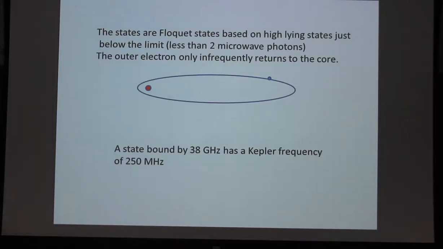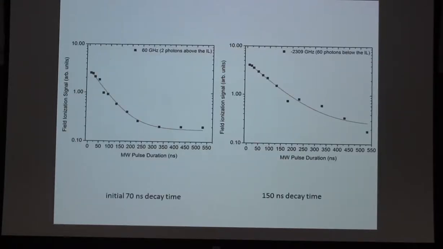So in these states, the outer electron only comes back to the core rather infrequently. But just to put this in perspective, if you are in fact bound by 38 gigahertz, the Kepler frequency is 250 megahertz, or it comes back to the core every 4 nanoseconds. But if you actually measure the lifetime of those states, so if you tune the laser 2 microwave photons over the limit, the decay time is about 70 nanoseconds.